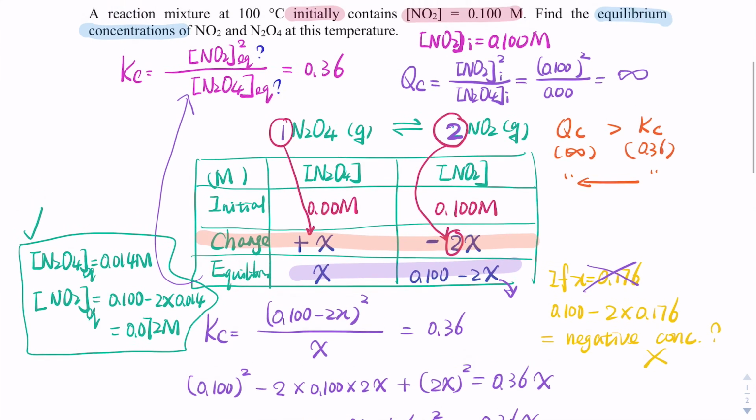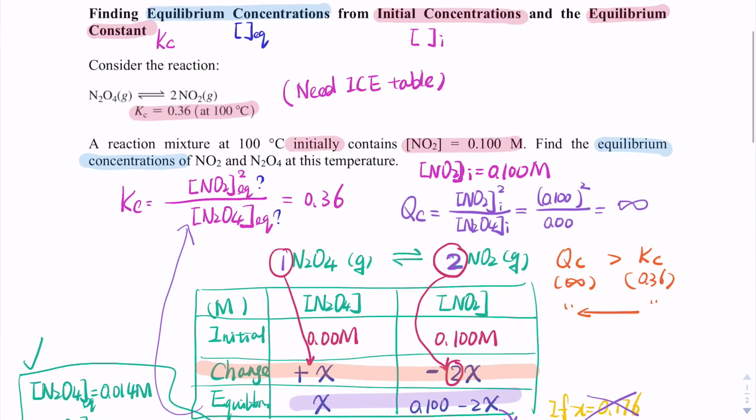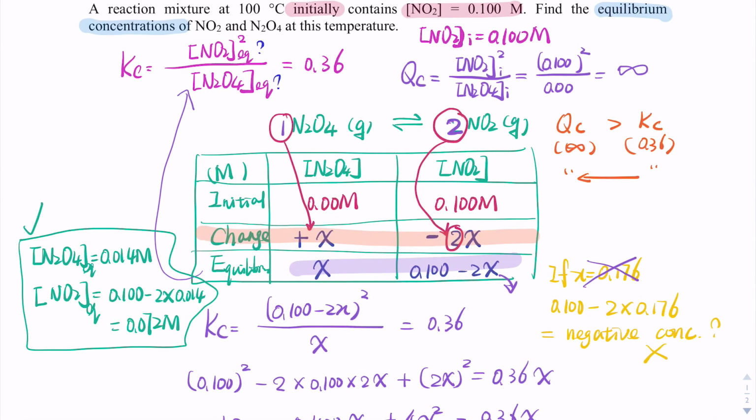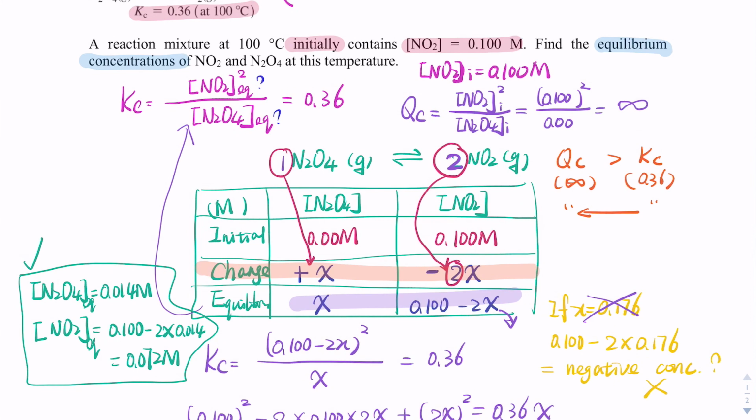One more time, this is a similar type to the earlier example, with the same strategy. You have to express K, calculate Q, compare Q and K, and then you can determine which direction the reaction goes, which matters for the signs over here.